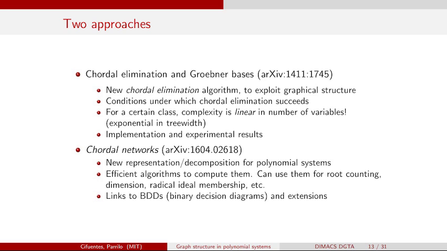It's a very nice idea that generalizes something that people have done in database theory, and I'll try to explain the connections. And the other one is a very nice data structure that Diego came up with, called chordal networks. It also will generalize some very interesting data structures coming from computer science, called binary decision diagrams.